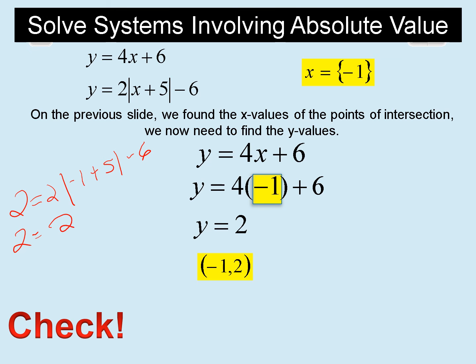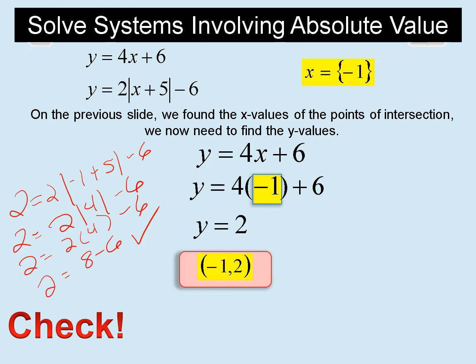So that's 2 times the absolute value of 4 minus 6. Well, the absolute value of 4 is 4. So that would be 8 minus 6. It does. Yay, it works. So that is my solution. All right.